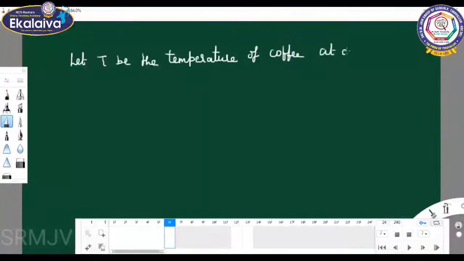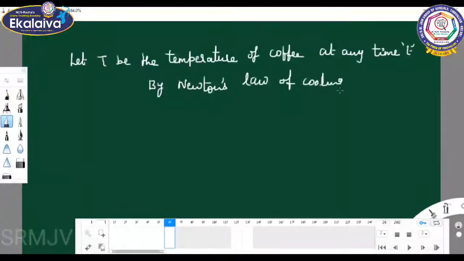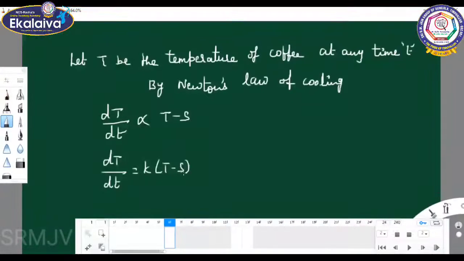By Newton's law of cooling, we can apply this theory: the rate of change of temperature with respect to time is directly proportional to T minus S. By removing the proportionality, we can write dT by dt equal to k into T minus S.